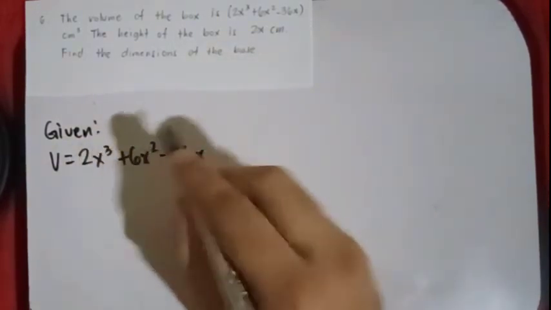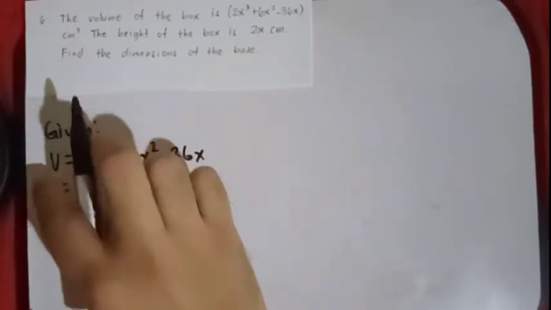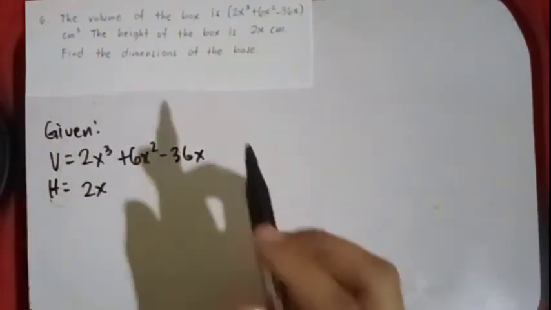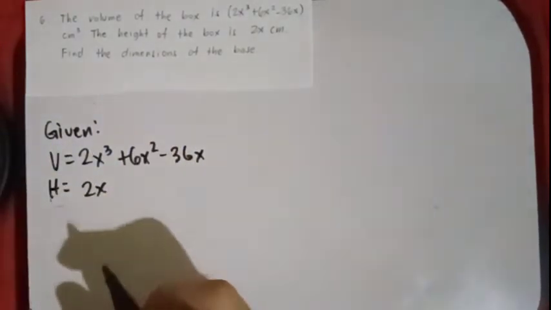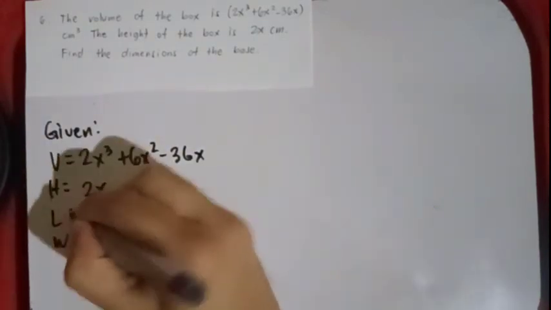Then the height is 2x. Okay, so let's capitalize. Then what we are looking for is the dimensions of the base, meaning the other measurements of the box: the length and the width.